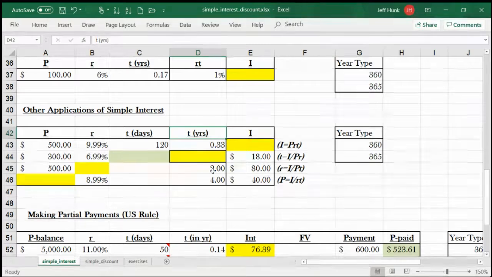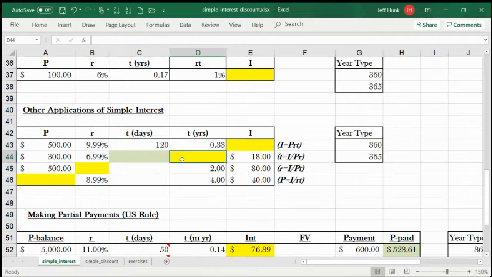It's not difficult. We already know what to do. And unless otherwise specified, I said the default is ordinary interest year.